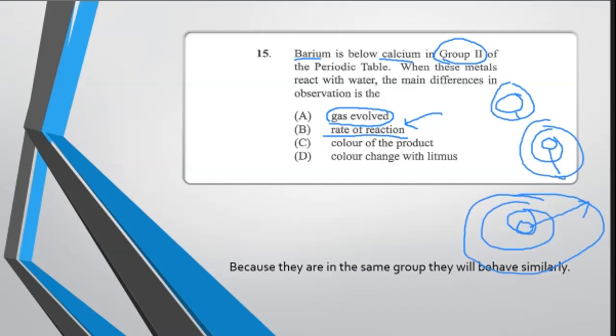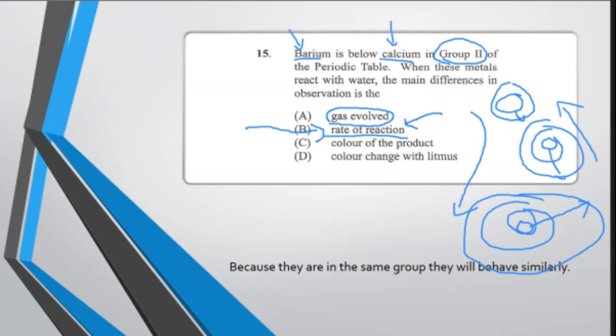So for a reaction to take place, it becomes easier and easier to lose an electron as you go down the group. So the rate of the reaction would be different for barium in comparison to calcium, because barium is below calcium. Calcium would be more reactive than barium because calcium is higher up in the group, while barium is lower down. So barium will take a longer time to react than calcium with another element, right?